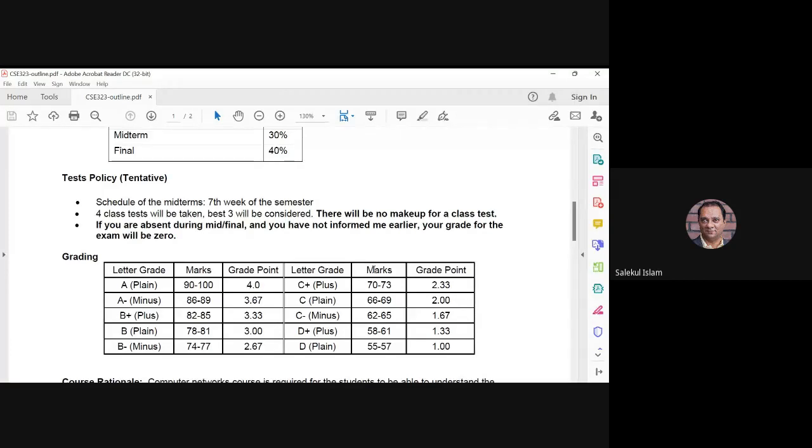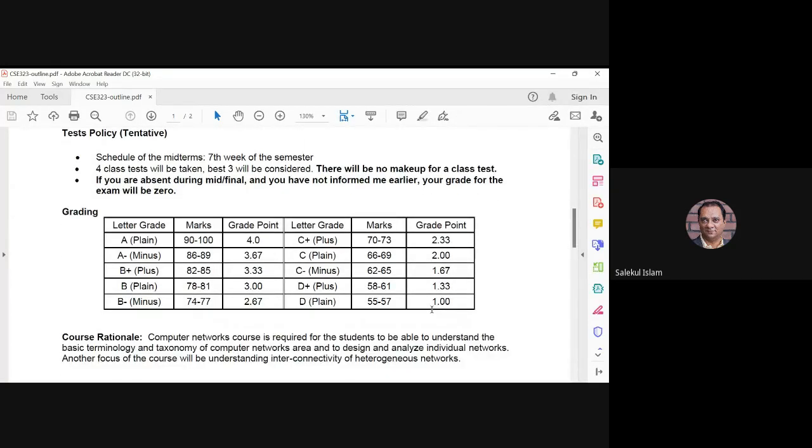Just write by your own, and depend on your own knowledge. If you do that, then I will be happy with you, and I will try my best to give you good grades. Otherwise, I cannot guarantee. So just beginning from the class test, please don't copy.